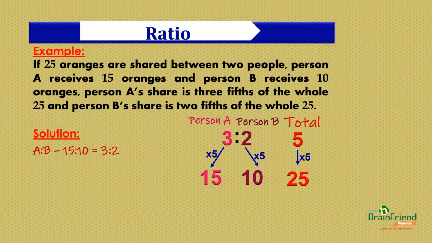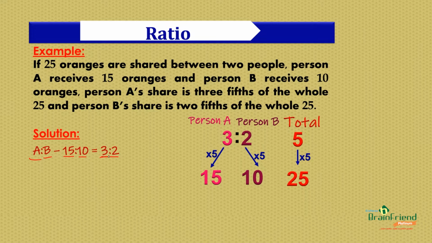Now, this is person A ratio person B. First, 3/5 of 25 is 15, and 2/5, that simply means 3 times 5 and 2 times 5. So 3 times 5 is 15 and 2 times 5 is 10. Now we can reduce 15 and 10 to 3:2.